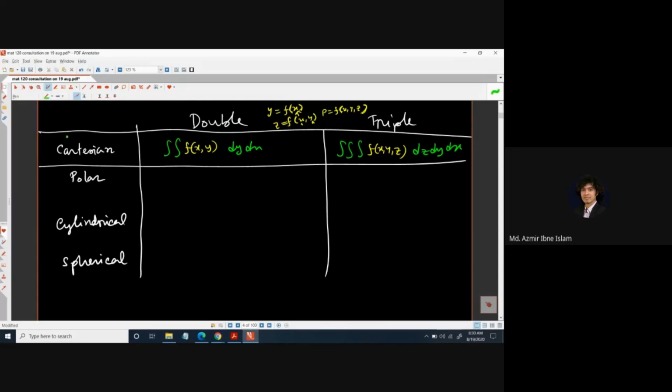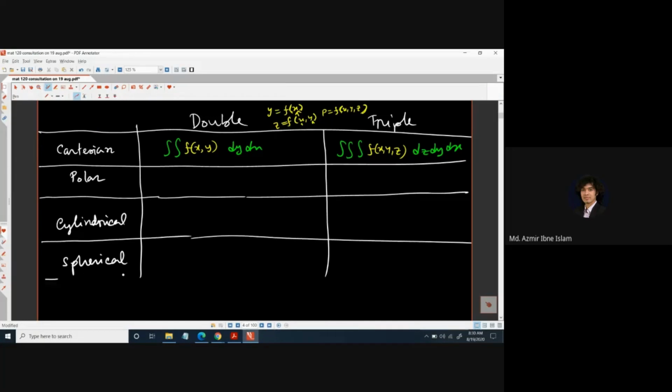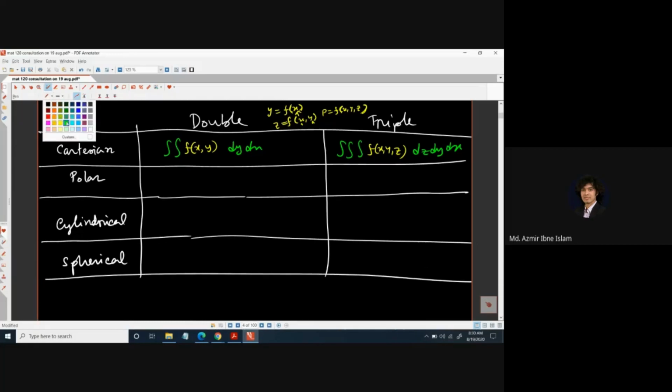So what will be the case for polar integral? You don't need polar, cylindrical, and spherical here, but you need to understand, sometimes it will be helpful for you. Whatever contents you have in week 6 are based on the Cartesian coordinate system.